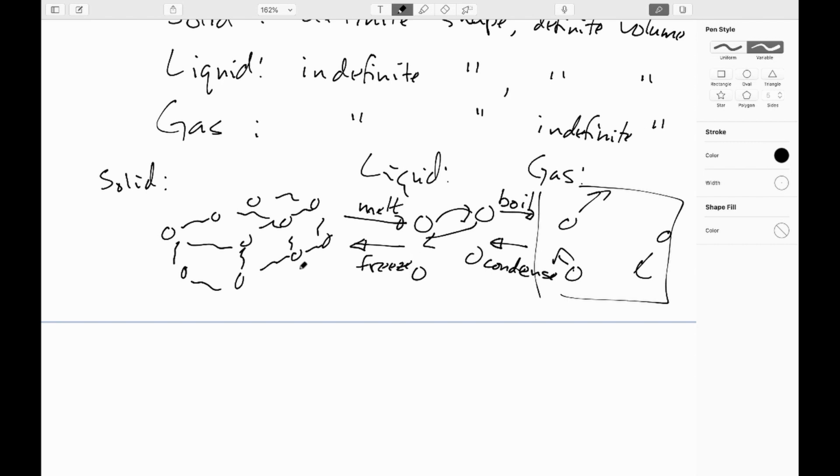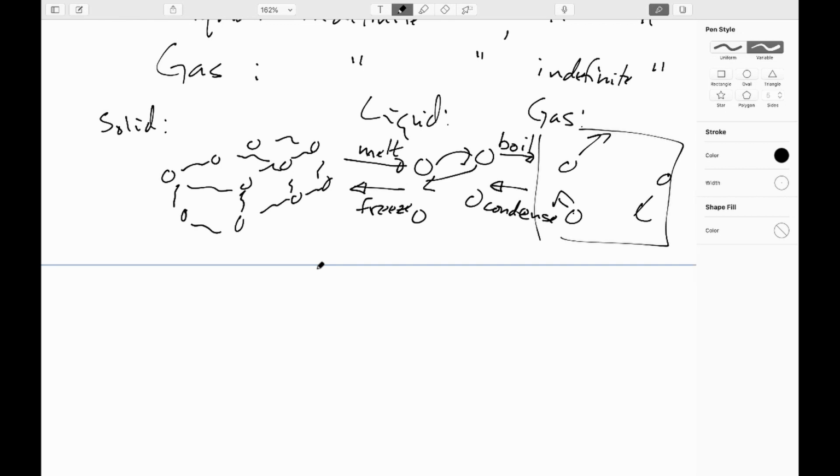Now, it is possible to shortcut the liquid stage. Depending on the pressure, you may not necessarily go through the liquid phase. For instance, dry ice is solid carbon dioxide, which at atmospheric pressure is just energetically favorable to go straight from solid to gas without going through an intermediate liquid phase.